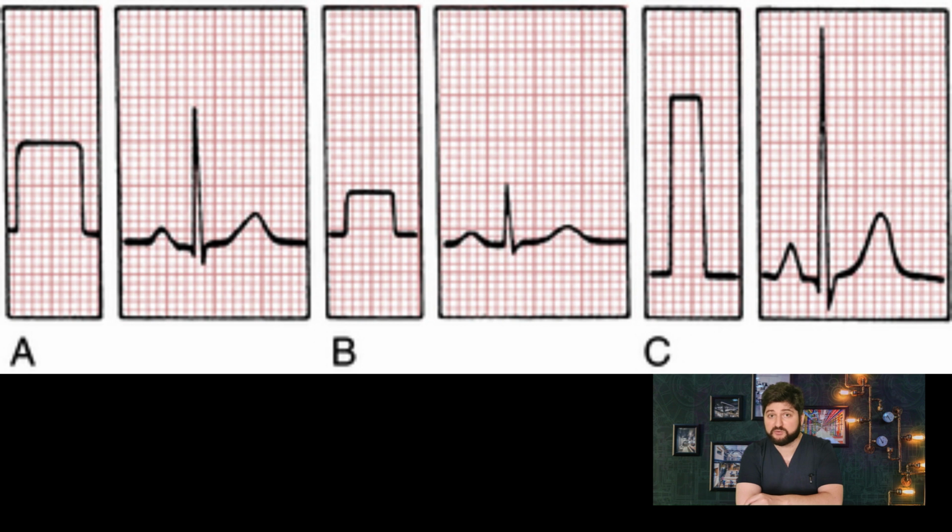It's just that in one of them I have the normal voltage, in another I have the increased voltage, and in the third one I have decreased voltage. And this can confuse you. So make sure before you start taking ECGs that the machine is calibrated correctly, and this square is always 1 millivolt in height.